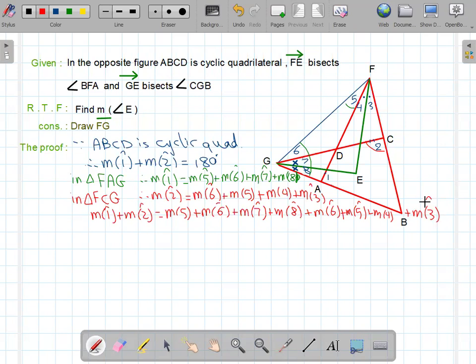We know before that measure of 1 plus measure of 2 equals 180.